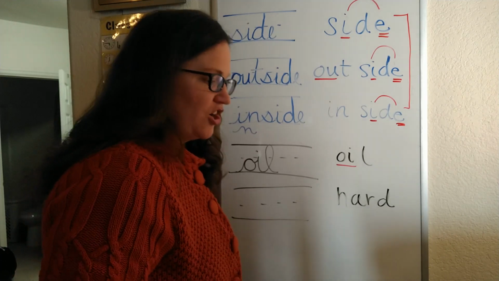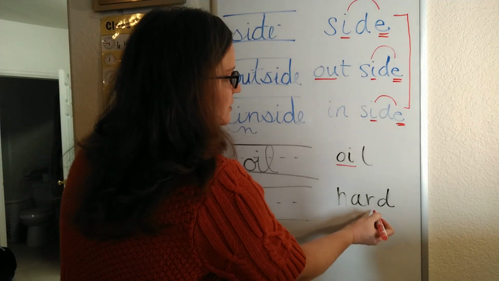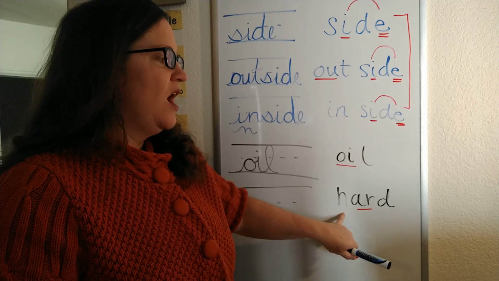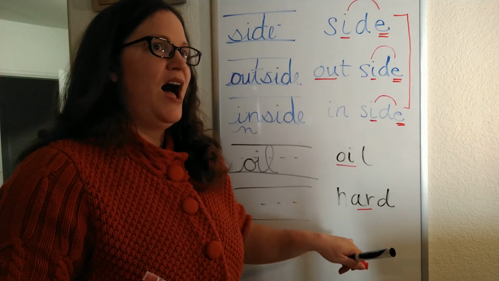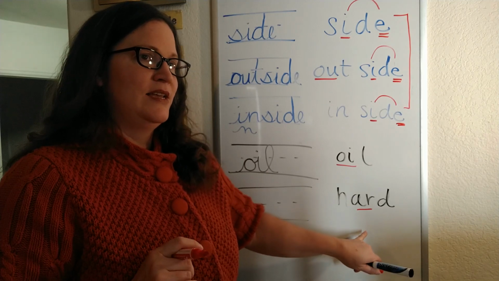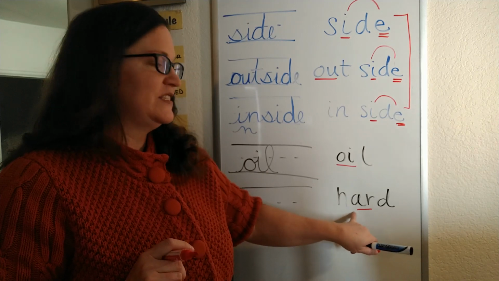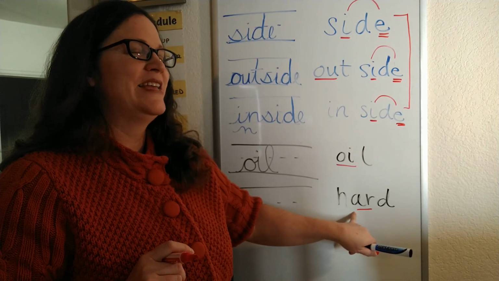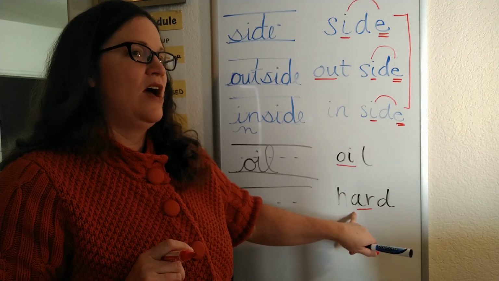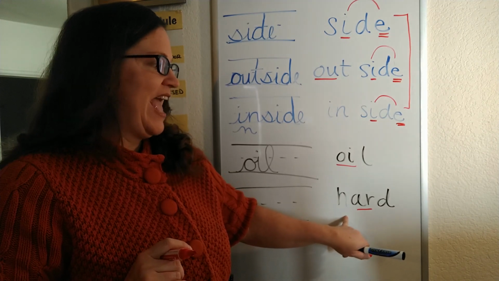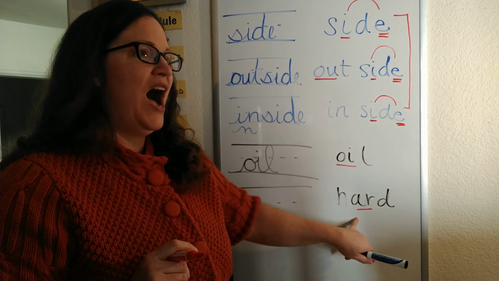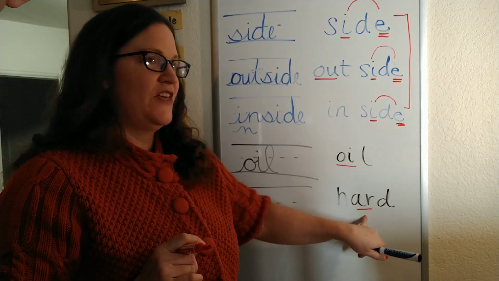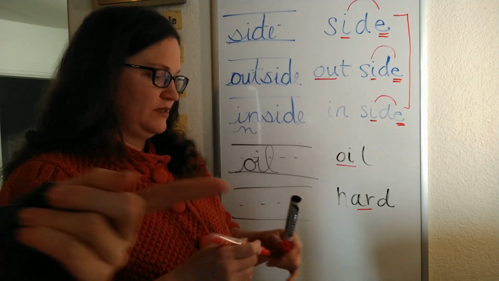Underline our R, because if this was all first sounds, r, d, maybe hard, right? Because the first sound here is, I'm sorry, a, right? So it's not hard, and it's not the third sound, hard. It's these two together, r, hard.